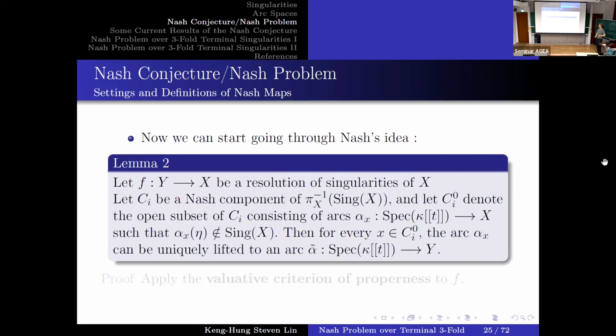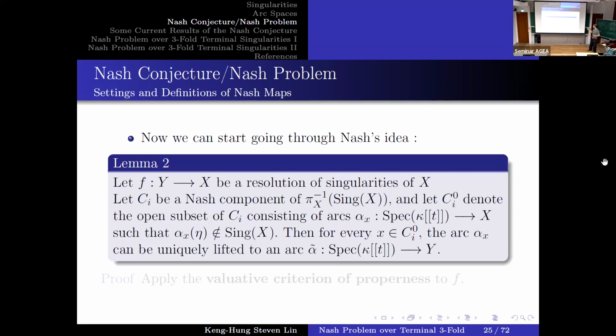Okay, right now let's go through the Nash idea. Okay, so here's the following. Let f be a resolution of singularities of X. Let Ci be a Nash component of X. Then we consider the open set of Ci such that the generating point of the arc is not contained in the singular locus.